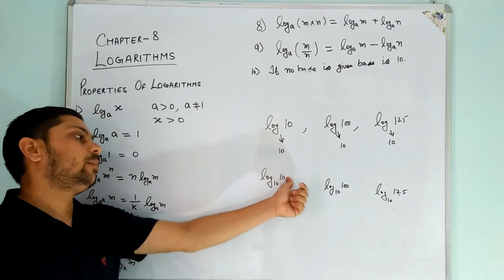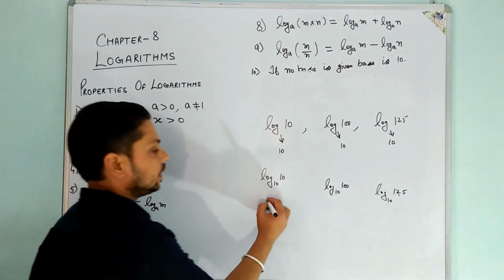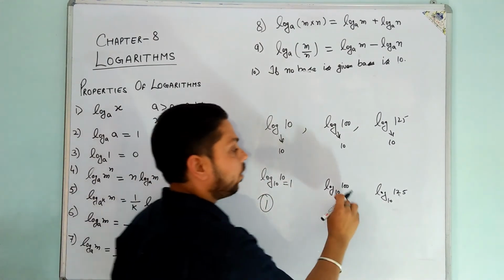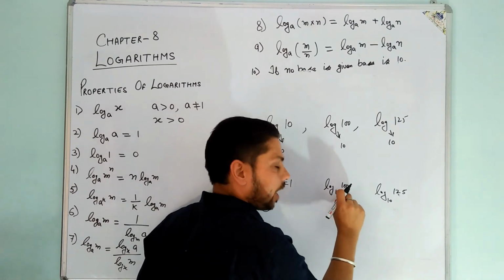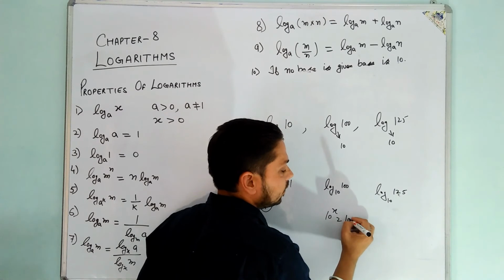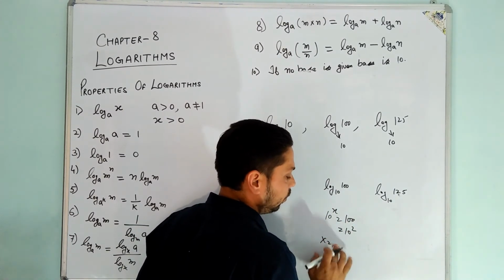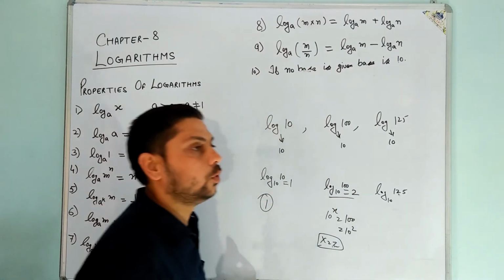Same base, same number: the second property, and its answer is 1. Now, what power of 10 will give you 100? 10 raised to the power x is equal to 100, which is 10 raised to the power 2, that means x is equal to 2. Its answer is 2.